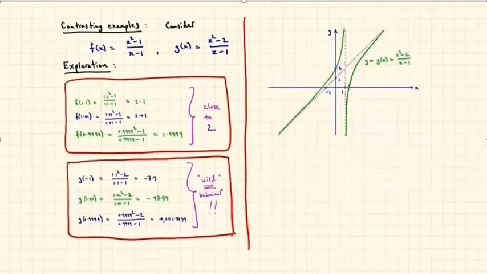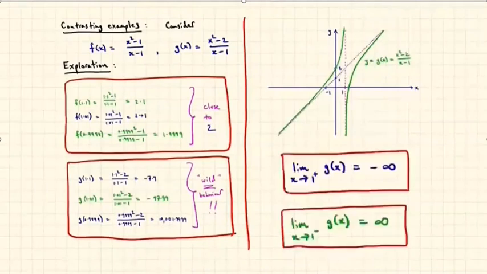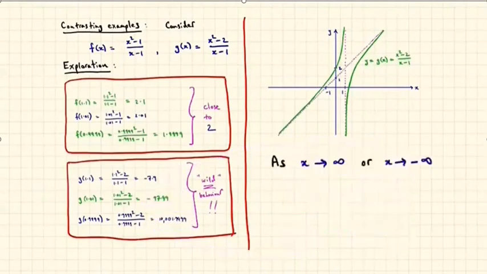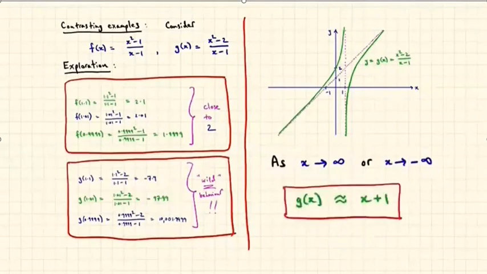Two statements using limits describe what happens as we approach 1 from either side, explaining the large positive and negative values that we saw. Then we have this other interesting phenomenon that as x gets large, either positively or negatively, the curve is approximated by the straight line y equals x plus 1, which forms an oblique asymptote.